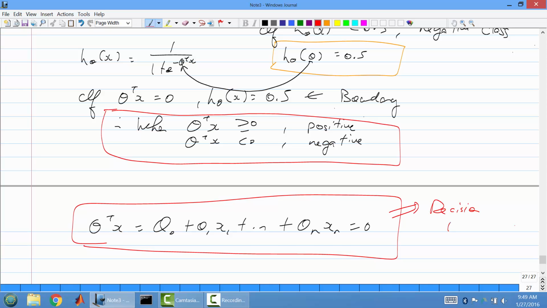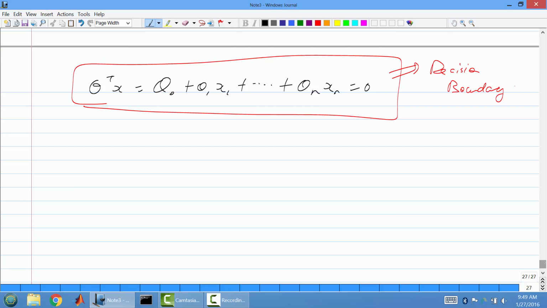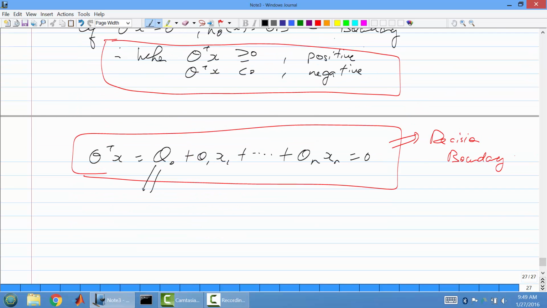This is the last line of defense, so to speak: when you evaluate this function, you check whether it's bigger or less than 0, and depending on the sign, you predict positive or negative. So this is what is known as a decision boundary, and this is also what is known as a linear discriminant function.